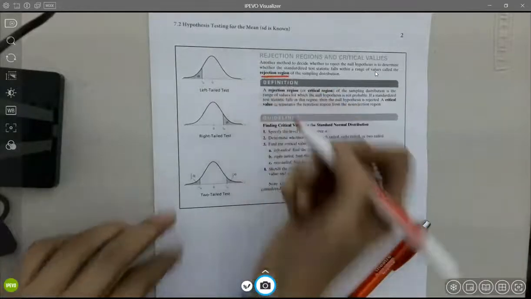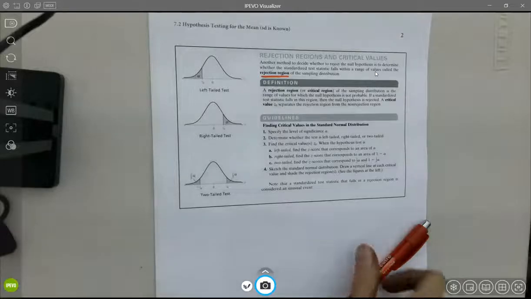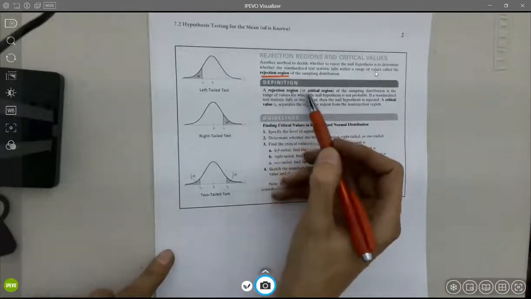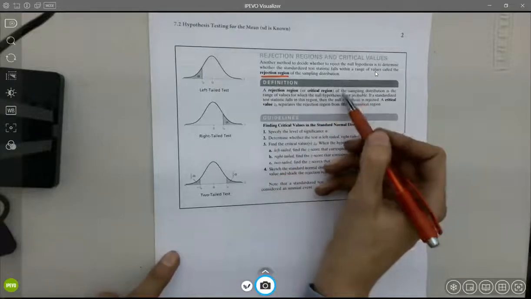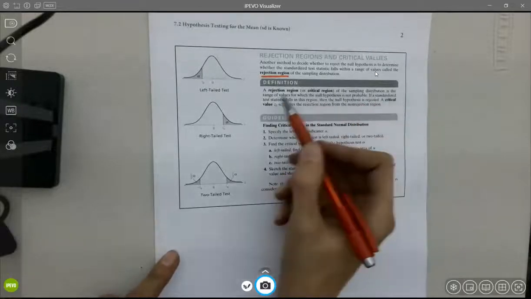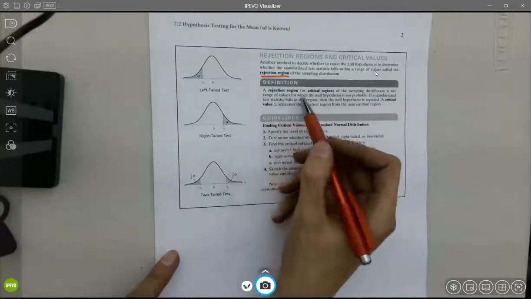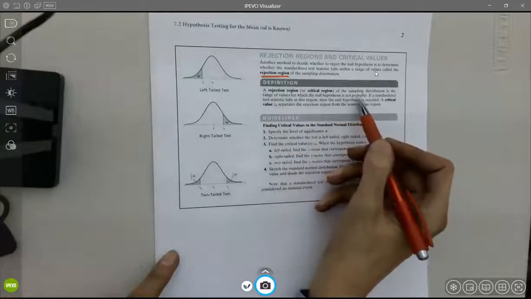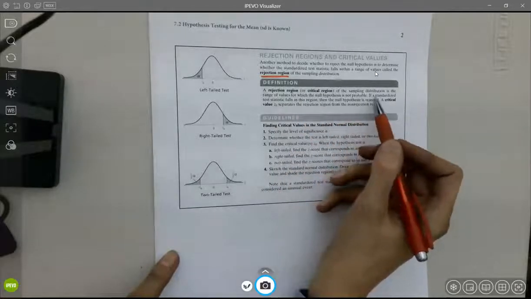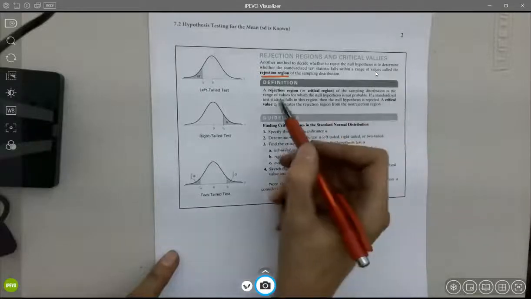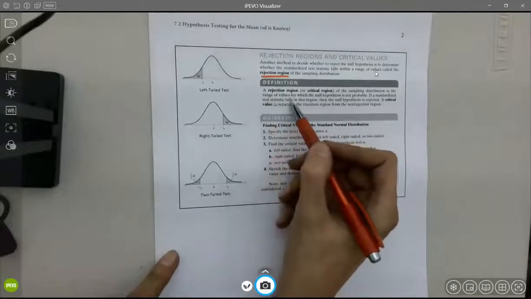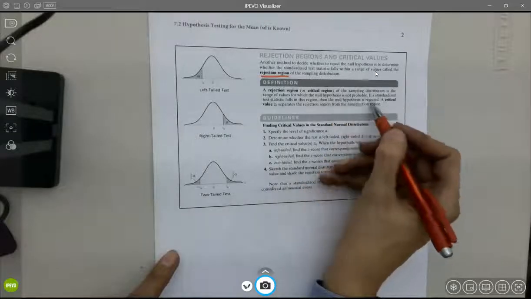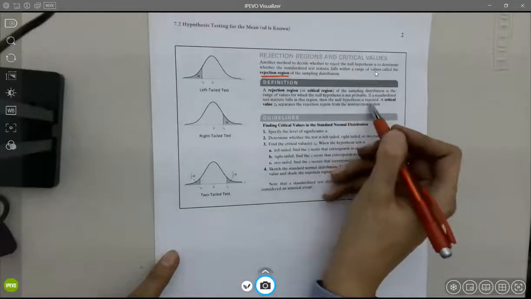So, rejection region. Definition. A rejection region or critical region of the sampling distribution is the range of values for which the null hypothesis is not probable. If a standardized test statistic falls in the region, then you say that, hey, the null hypothesis is rejected.